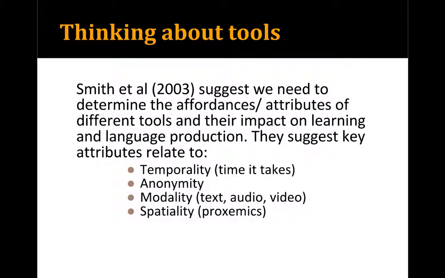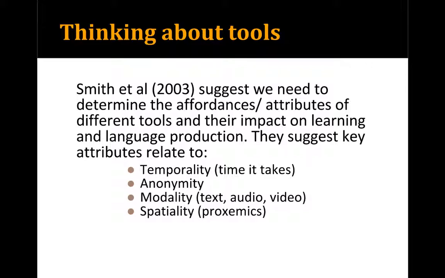When we start thinking about tools, there are some other issues that we might consider. The affordances, this commonly used term, or attributes of different tools, and what difference they make to the actual language production. So we have the notion of temporality. It takes time. In some contexts we can be anonymous, so it's argued in some situations that anonymity helps people to hide behind a character and produce language more effectively.